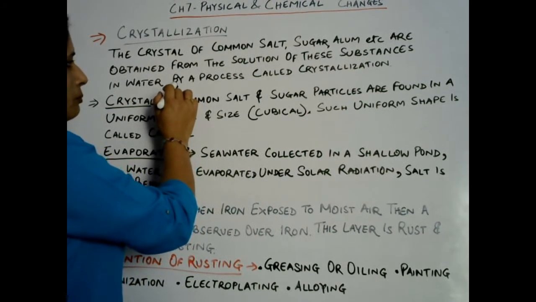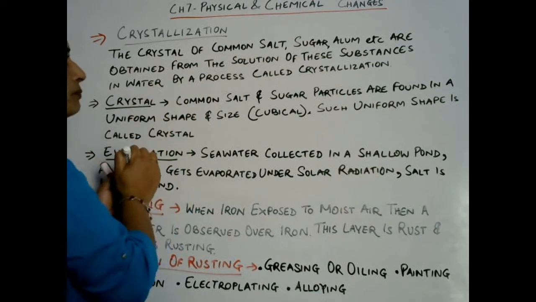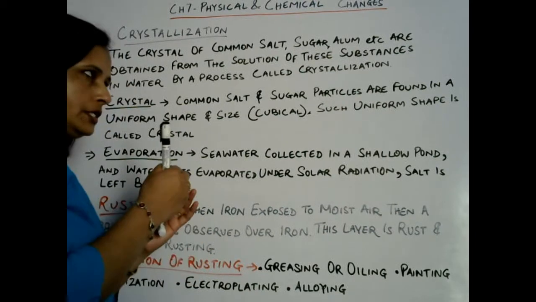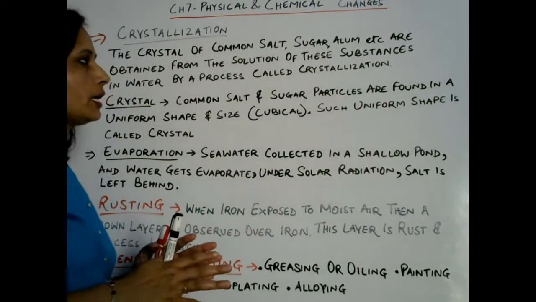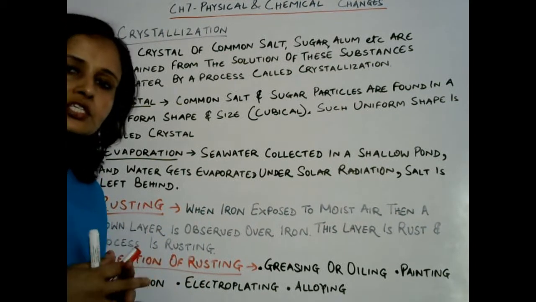When salt, sugar or alum are dissolved in water, and from that solution we get the crystal of sugar, salt or alum, that process is called crystallization.